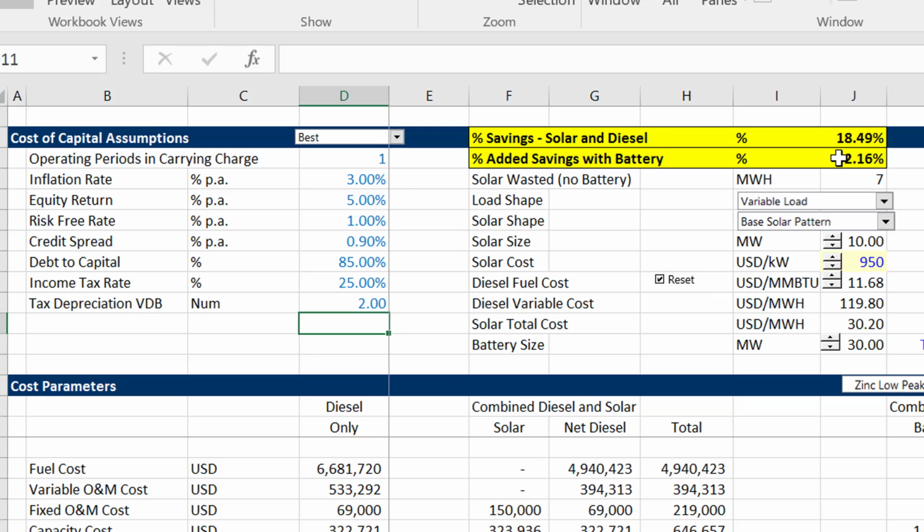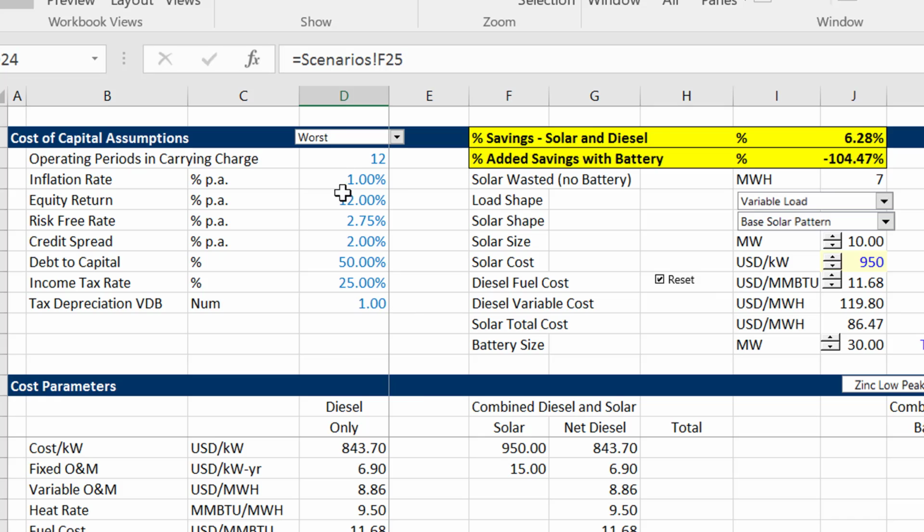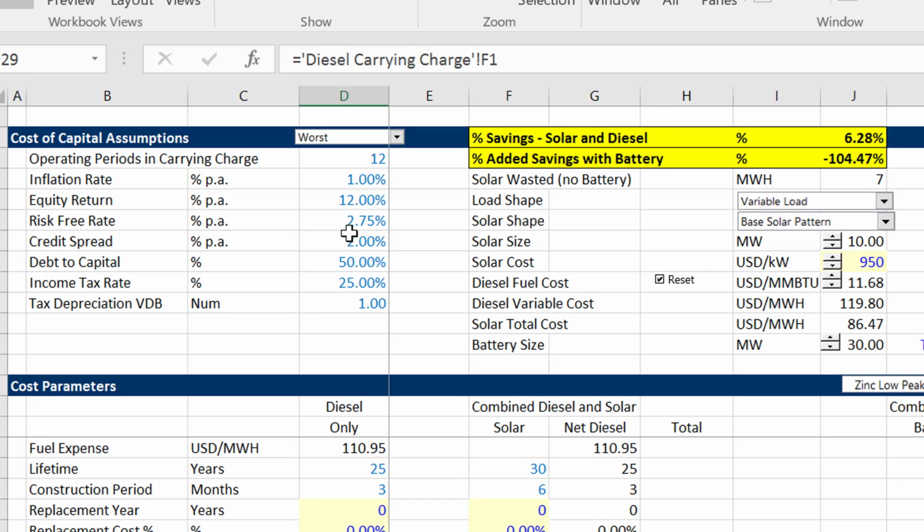a savings of 18%. But then we go to the worst case, and in the worst case, we put a much higher return on equity, a lower inflation rate, so the real return is 11%, and then a higher risk-free rate, higher credit spread, and all that stuff, and a less advantageous depreciation rate.